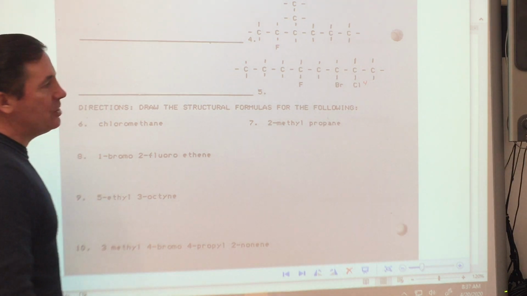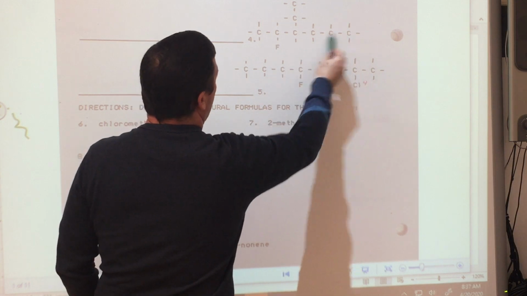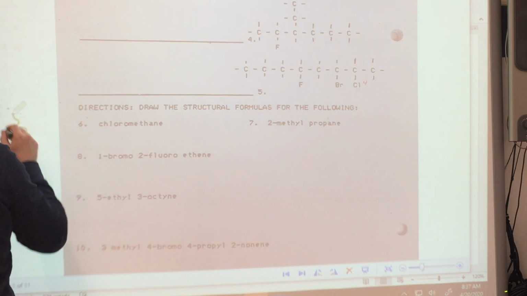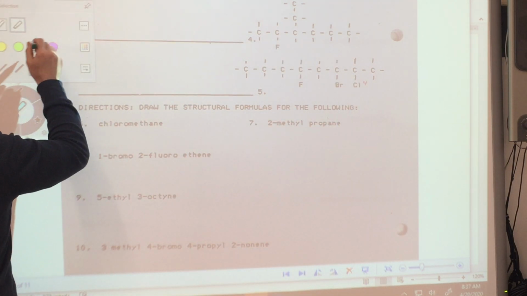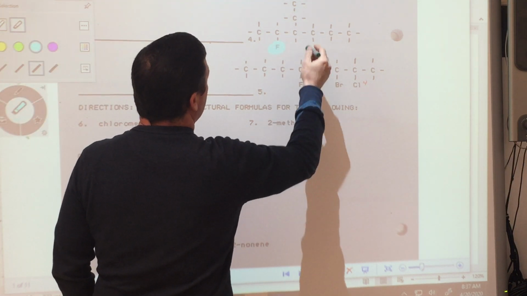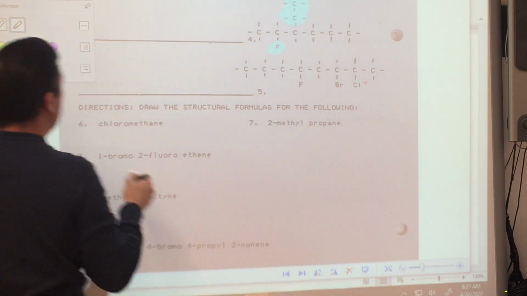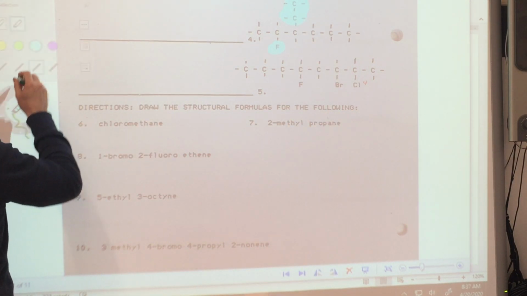Okay, same question. Do I have any double bonds or triple bonds? Nope. Question 2. Do I have any substituent groups? Yes. I've got a fluorine there, and I've got a 2-carbon addition there.